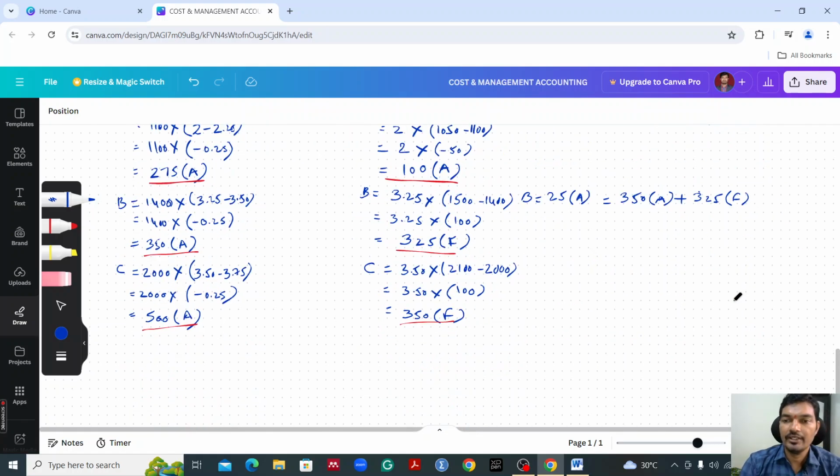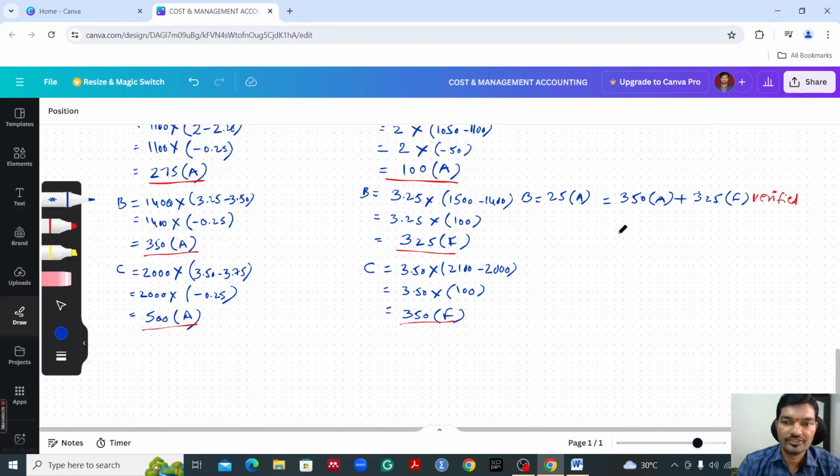The MPV is negative 350 and MUV is positive 325, and here the negative value is dominating and 25 is negative, so the answer is 25 in adverse. So hence it is also verified.